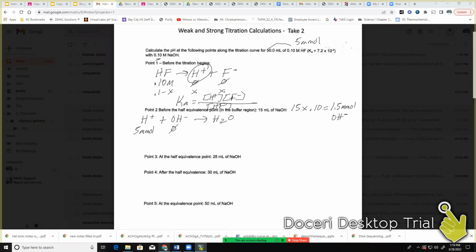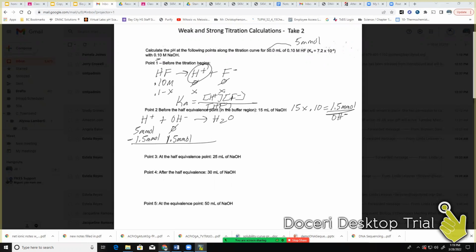I didn't have any of this. Then my hydroxide, my base, I added 1.5 millimoles. This is the one where if I add something, either the acid or the base, I have to subtract it from the existing species. So I would need to subtract 1.5 from this.